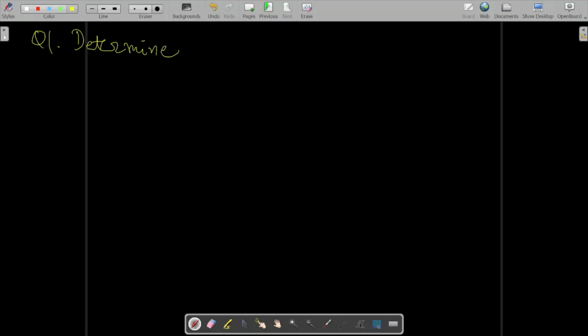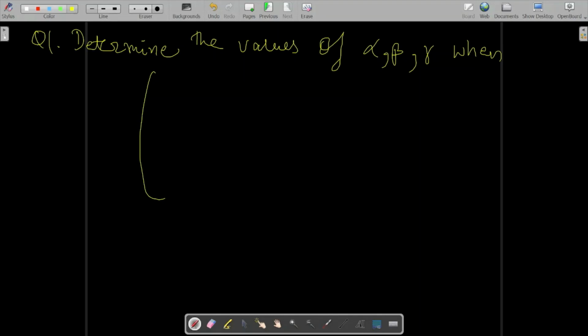Determine the values of alpha, beta, gamma when the matrix is given over here: 0, alpha, alpha; 2 beta, beta, minus beta; gamma, minus gamma, gamma.